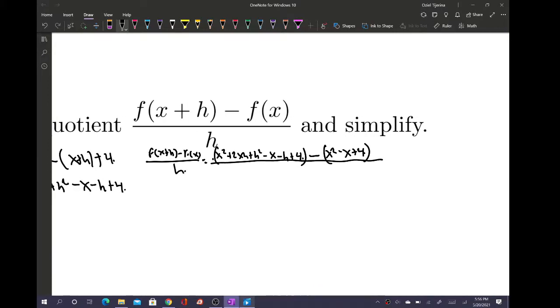And then you put it all over h, so x² + 2xh + h² - x - h + 4 - x² + x - 4. Now you combine like terms. There's an x² and a negative x². There's a negative x and a positive x. And there is a positive 4 and a negative 4. So these all cancel out, basically.